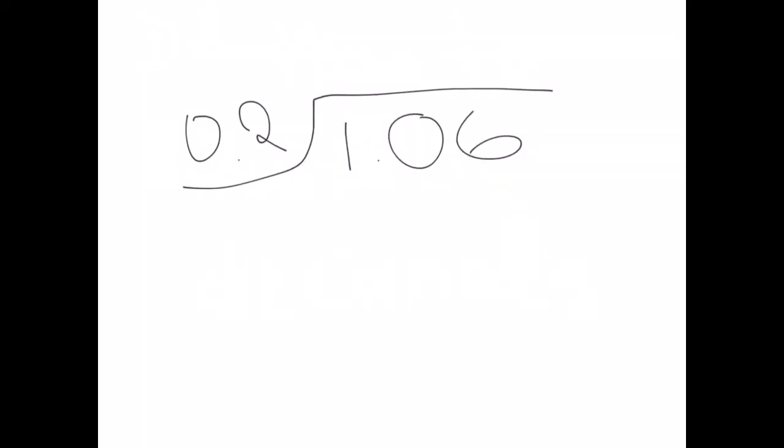Now we're gonna divide decimals. First, we set them up. Then we cannot divide with the divider being a decimal, so we move the point over here, so it's 2, and we also have to move this, so it's 10.6 and 2.